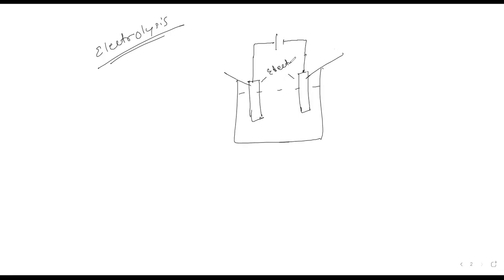Now why did I say both? Because both are not the same electrode. One is known as an anode, another is known as a cathode. Now, which one of them is the cathode? Cathode can be remembered with the term cation: the electrode which attracts cations is known as the cathode. A cation has a charge of what?